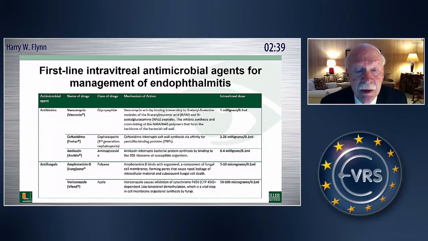Our first line treatments with antimicrobials are shown on this slide. Antibiotics are listed at the top: vancomycin 1 milligram for empiric gram-positive coverage, ceftazidime 2.25 milligrams for coverage of gram-negative organisms. The alternative agent is cefepime 0.4 milligrams for alternative coverage.